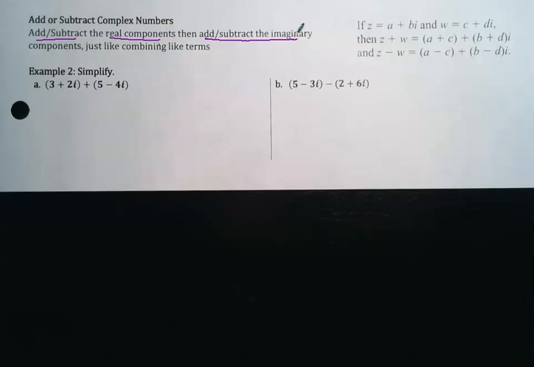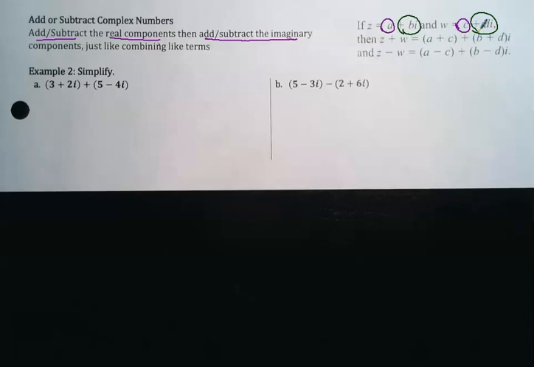It's just like combining like terms. So if we have z equals a plus bi and w equals c plus di, we add the real components, the a and the c together, and we add the imaginary components, the positive bi and the positive di together.